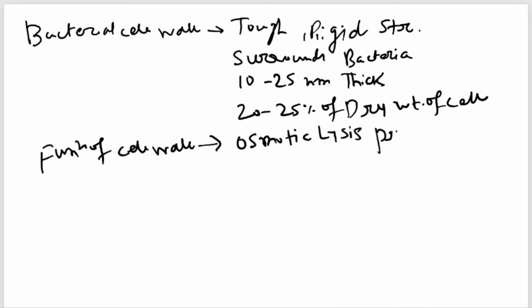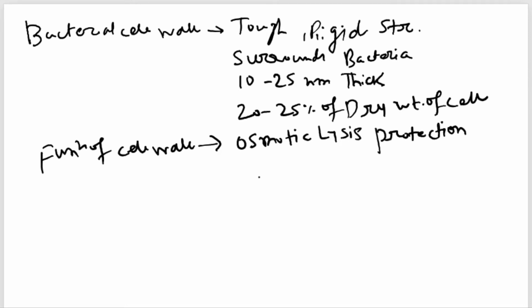Osmotic lysis protection is a protection against the process of osmosis. Osmosis is the movement of fluid across a semi-permeable membrane against a concentration gradient. And when a bacterial cell is in some adverse condition, like in hypertonic or hypotonic surroundings, it is the bacterial cell wall which provides protection against the osmotic damage.